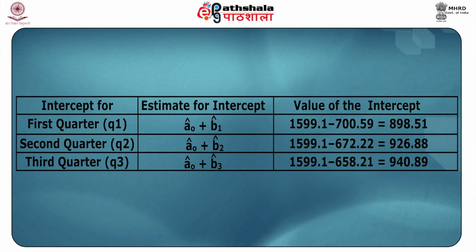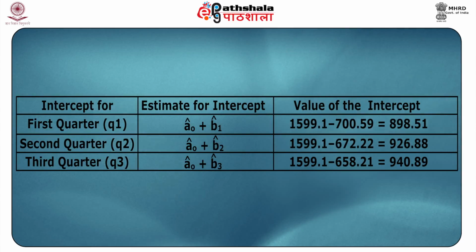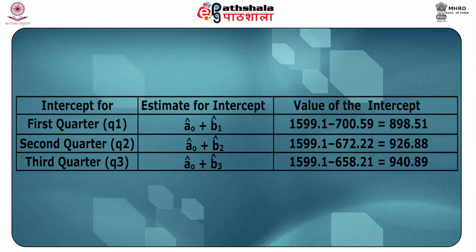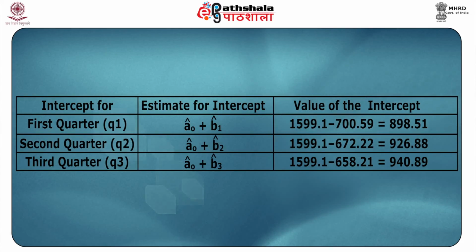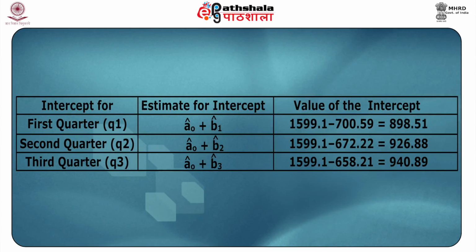For the third quarter Q3, the estimate for intercept is A hat 0 plus B hat 3 and the value of the intercept is 1599.1 minus 658.21, which is equal to 940.89. The estimates indicate the sales for heaters are lower in the first 3 quarters.